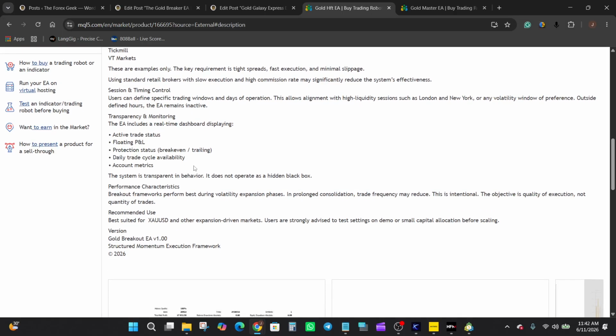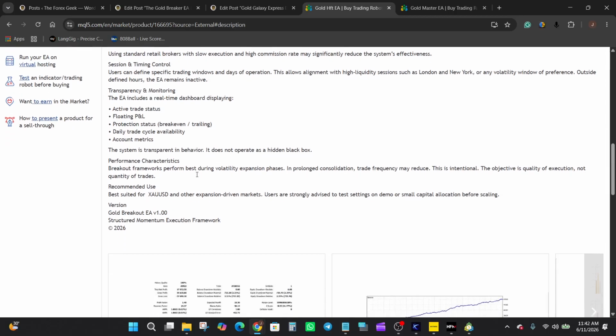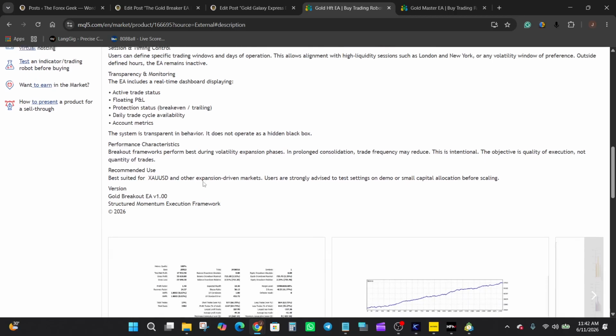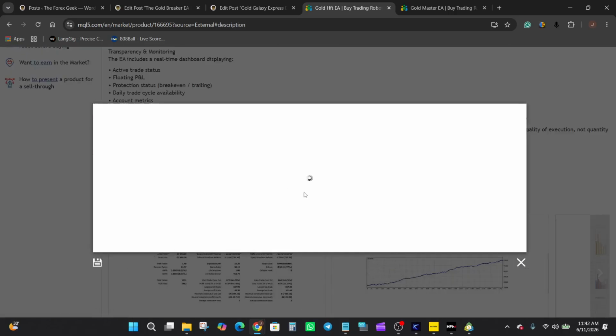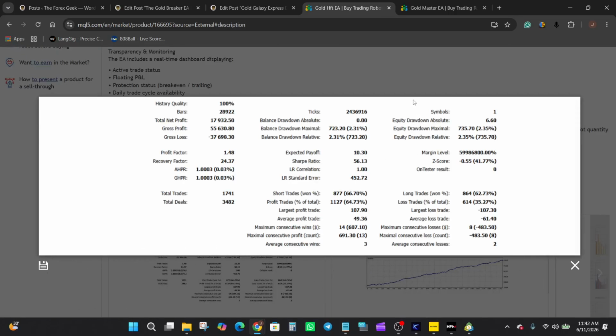So the behavior is not hidden. It's designed to be monitored clearly while running. Now, moving into the backtesting section, let us start by reviewing the historical performance provided here on the MQL5 Marketplace page, focusing on how the EA behaves during different market conditions on this breakout framework.